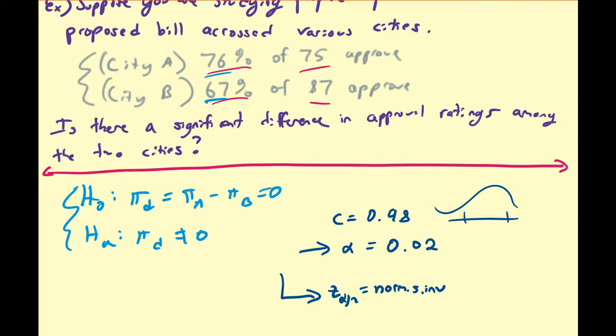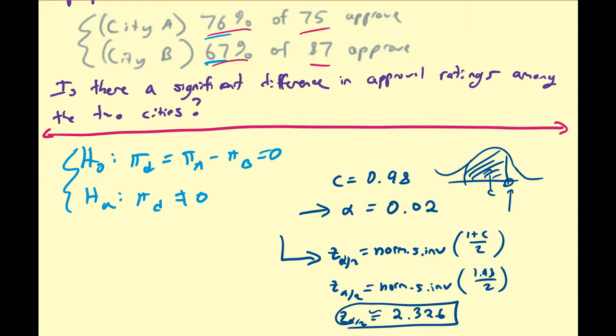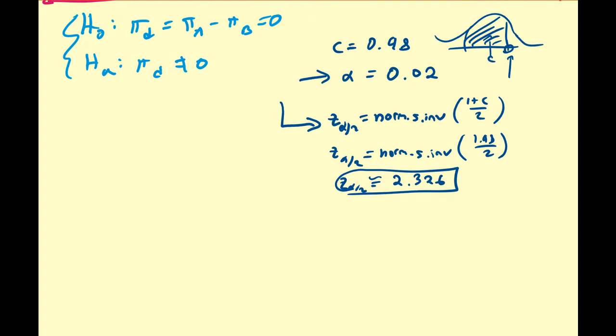Since we're working with a two-sided confidence region, the critical value can be found with the formula (1 plus C) over 2. So in this case, this is going to be norm.s.inv of 1.98 divided by 2. Once you do that in Excel, you get a number approximately equal to 2.326. So this is the critical value for our confidence interval.